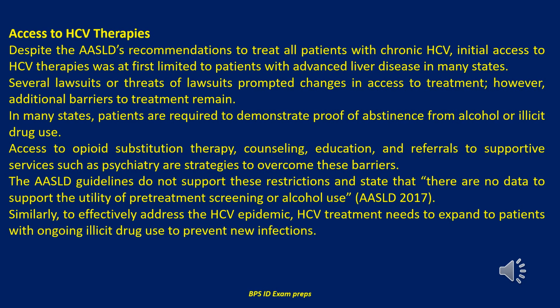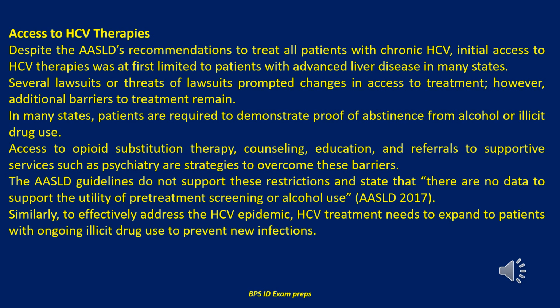In many states, patients are required to demonstrate proof of abstinence from alcohol or illicit drug use. Access to opioid substitution therapy, counseling, education, and referrals to supportive services such as psychiatry are strategies to overcome these barriers.